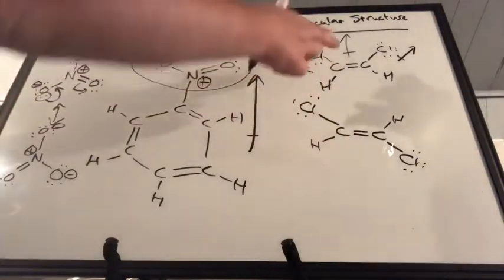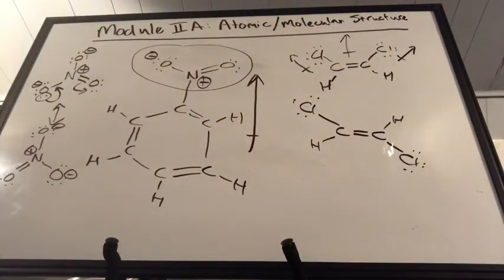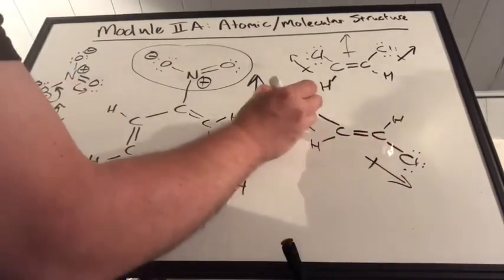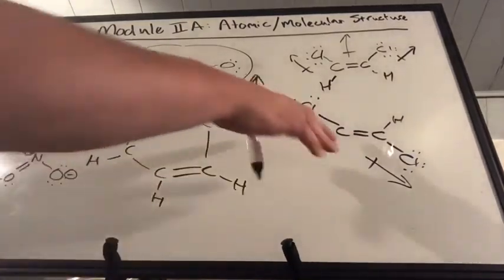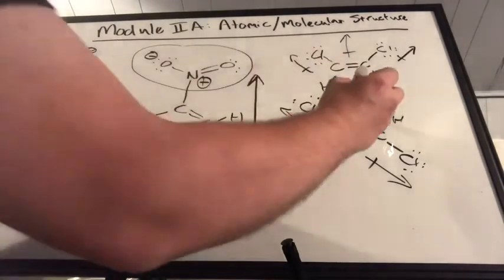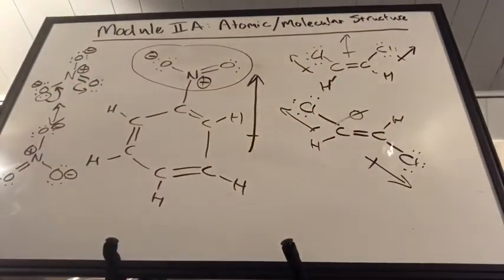So in other words, these are what are referred to as stereoisomers of one another. This would be cis and this would be trans. Okay, so if you have those two fighting for the same electron density, they're basically just going to cancel out. Okay.